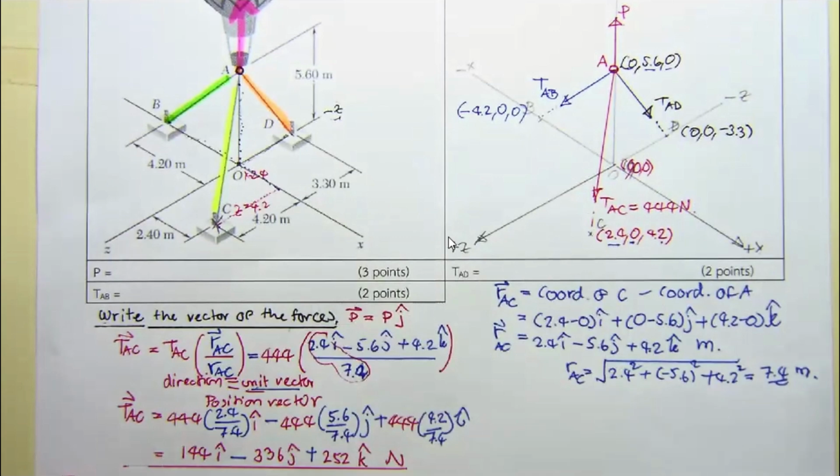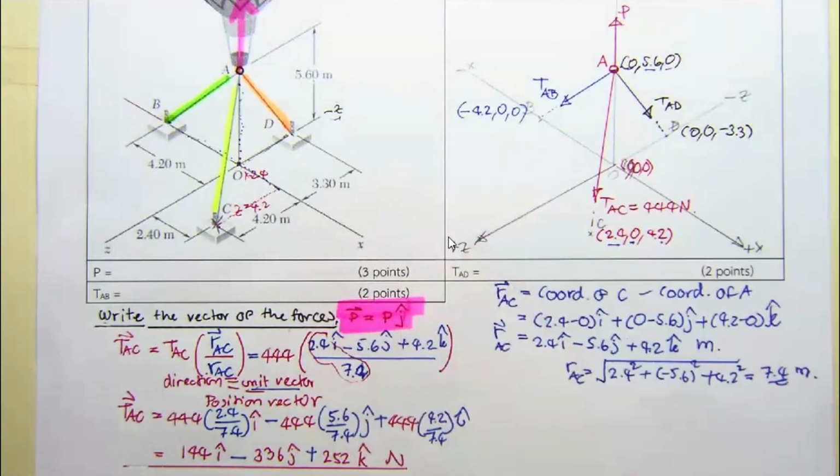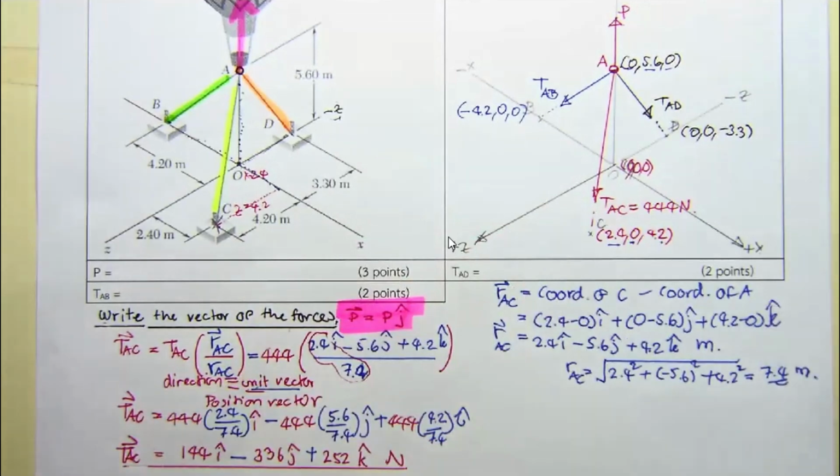Okay, so we have two vectors. The first vector is going to be P, the second vector T sub AC.